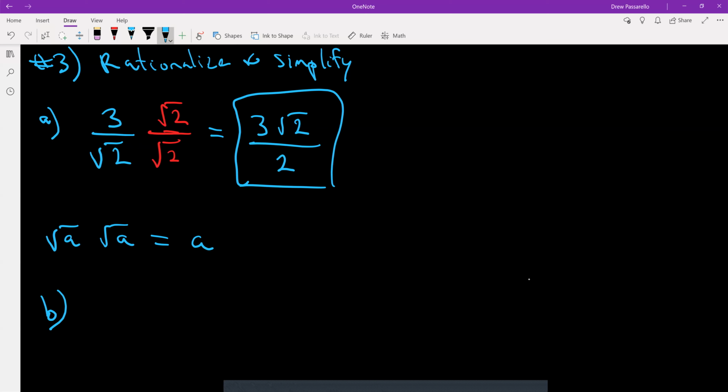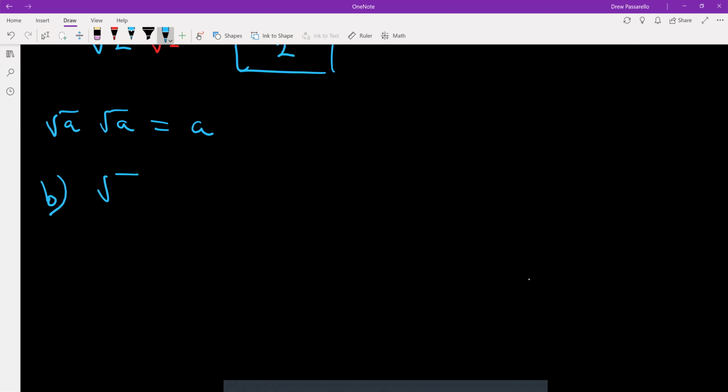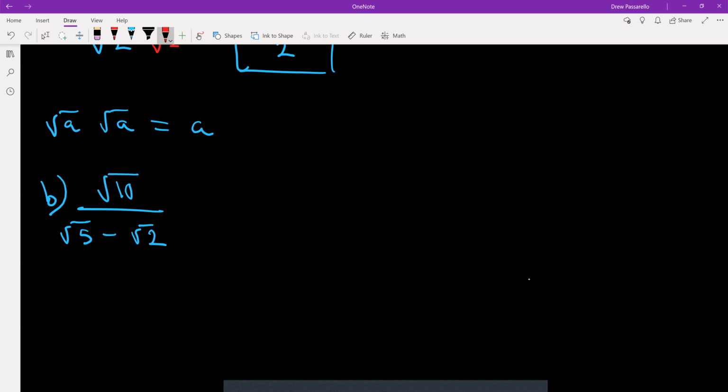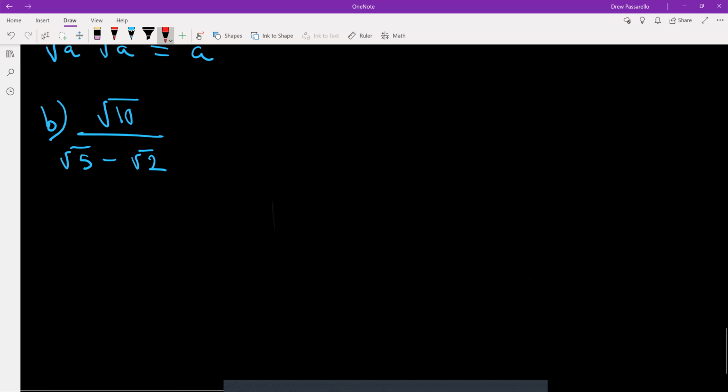Now something that's more complicated. You have square root of 10 over square root of 5 minus square root of 2. To rationalize this, I have to use what's called the conjugate.